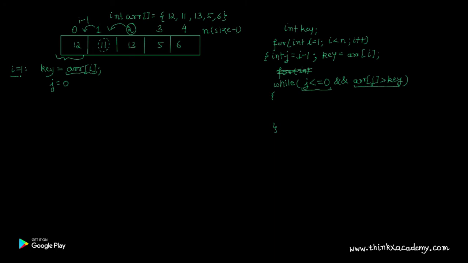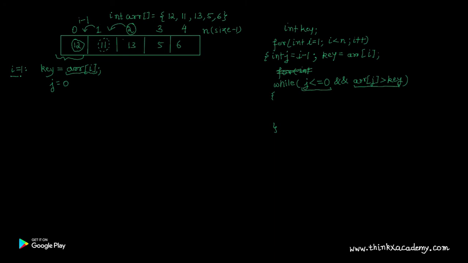So the next condition is the main condition, which checks whether the value at position j is greater than key. We know that key is the card that we have selected, and if the value of key is less than the value at the j position, then we will have to place this card before that.